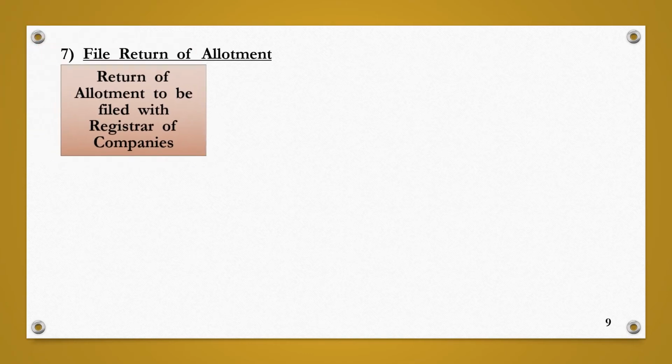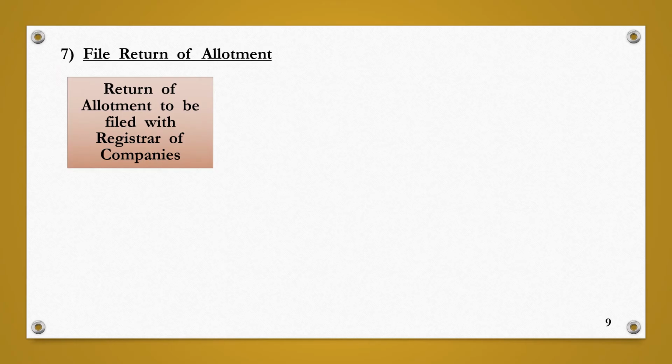The seventh step is filing the return of allotment. Next, the information related to allotment of shares must be provided in detail to the registrar of companies within a period of 30 days from allotment of shares.